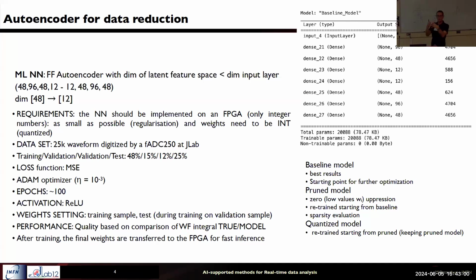The way it converges, remember, is that you minimize the loss function. At the end, obviously, you want to keep these weights, because if I know the architecture is layers of 48, 96, 48, 12, and then repeated again, I can take my weights and download them onto an FPGA.